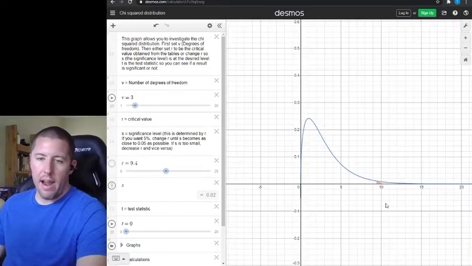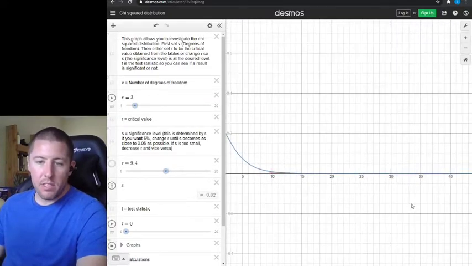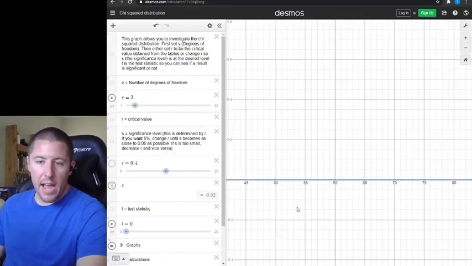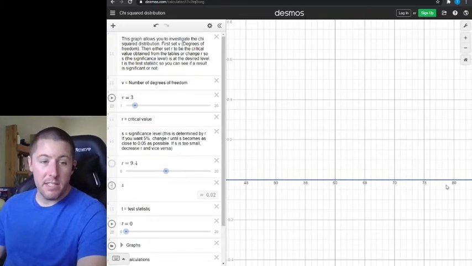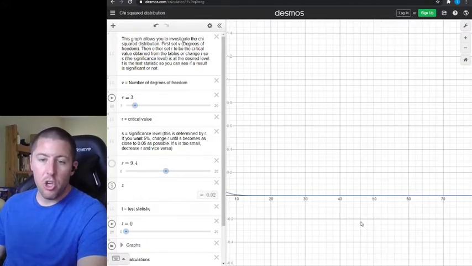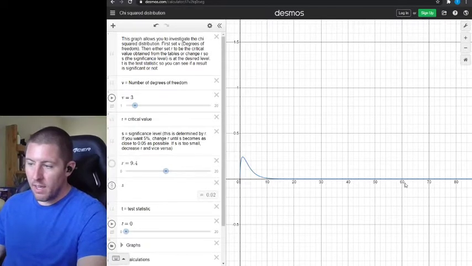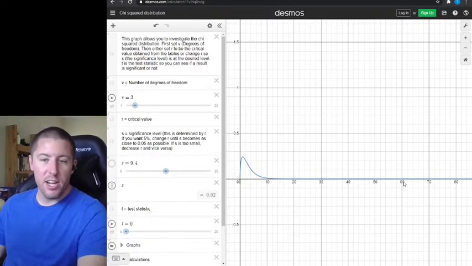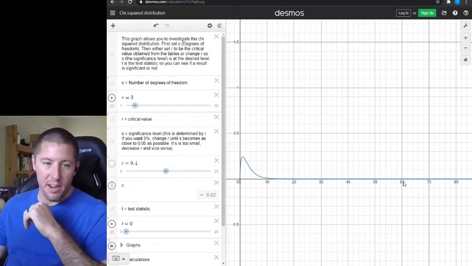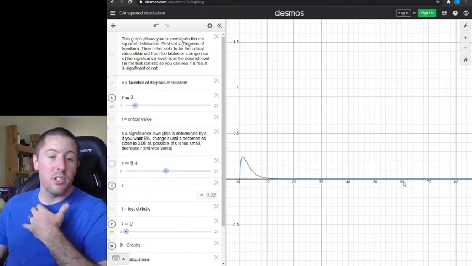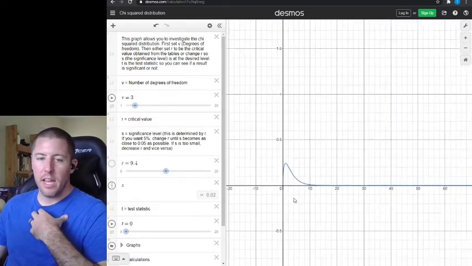And notice where we're at on this graph: we're literally out here at 60, asking how much area is to the right. You should be seeing that that area is essentially 0. This is a huge test statistic. We're asking how much area is underneath the graph to the right of 60, and our answer should be essentially 0, which I can tell just by looking at the graph.